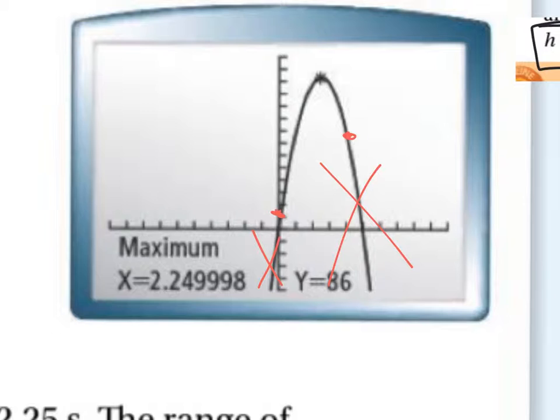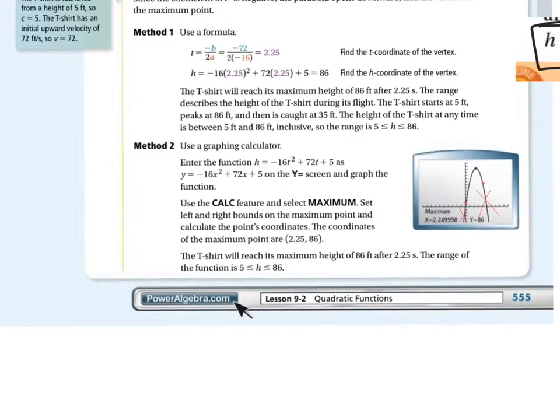So the range, the y values: the lowest height the t-shirt ever is when it's being shot is 5 feet. The highest it ever gets to is 86 feet. So it goes from 5 to 86, that would be the range.